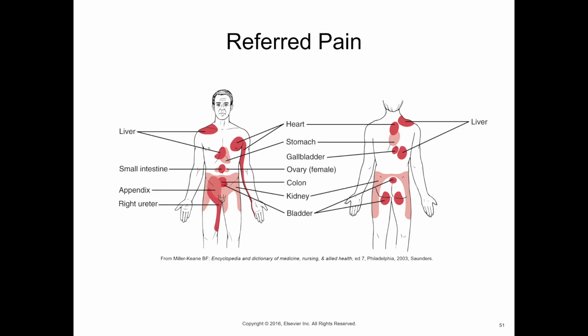Let's just say we have your C2 disc, this is a little low for C2. So let's just say C6. Your C6 disc could be causing pain in the person. Where would that refer to? Well, for C6, you could start to get pain referral down this way. If we're higher up, you could get pain referral in this area, things like that.